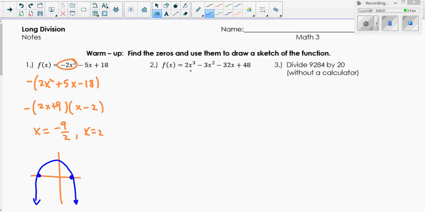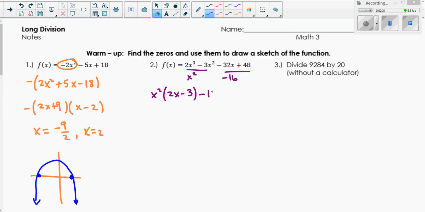In the next one, look to see if there's a GCF that you can take out. There is not one, but out of these two, I can take out an x squared. Out of these two, I have to take out a negative because the leading term is negative, and I can take out a 16. Okay, so I take out an x squared. I'm left with 2x minus 3.